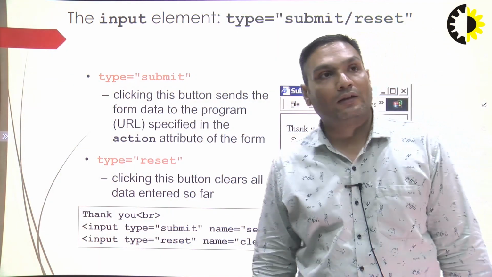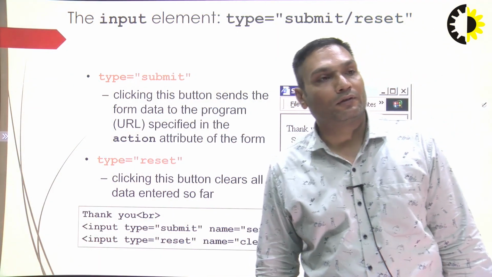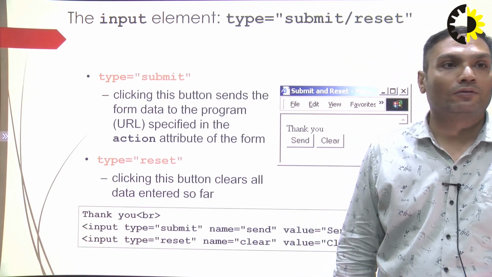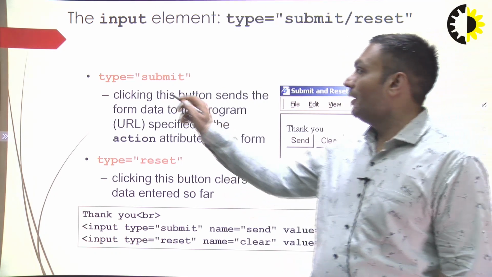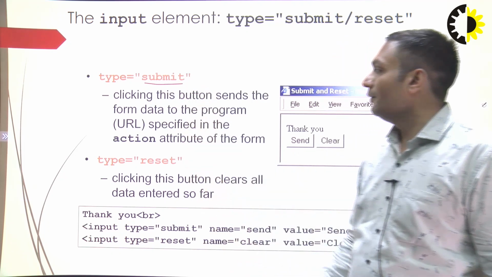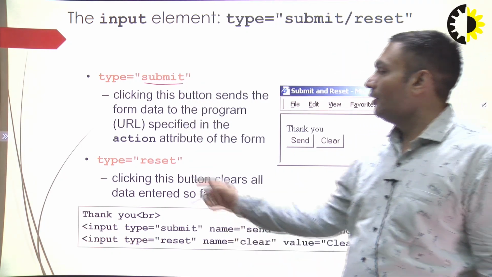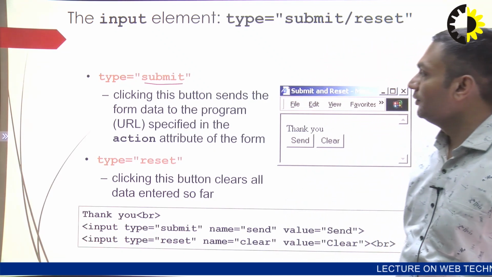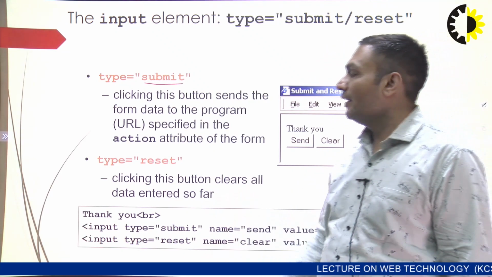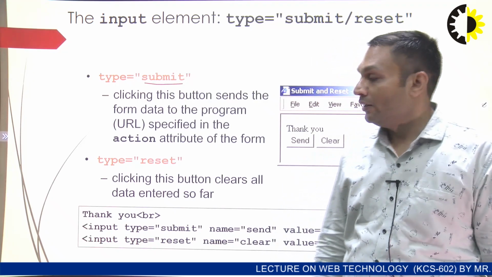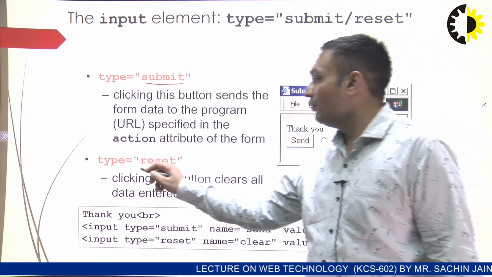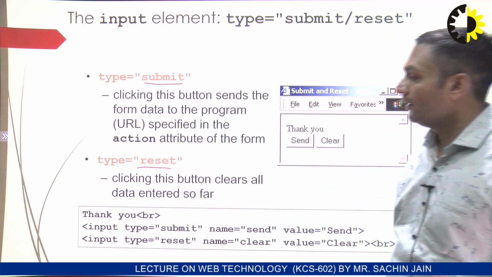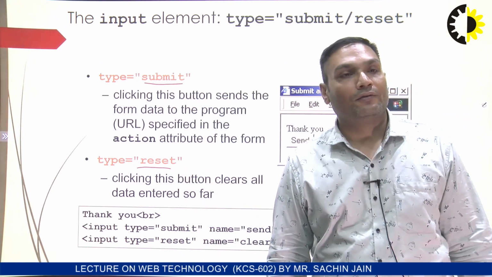Another type of input is input type equals to either submit or reset. If you write submit, then the form data will be submitted, and whatever is written in the action attribute of the form will be executed as per either get or post. And if I write input type equals to reset, then this will clear all the data that we have filled in the form.